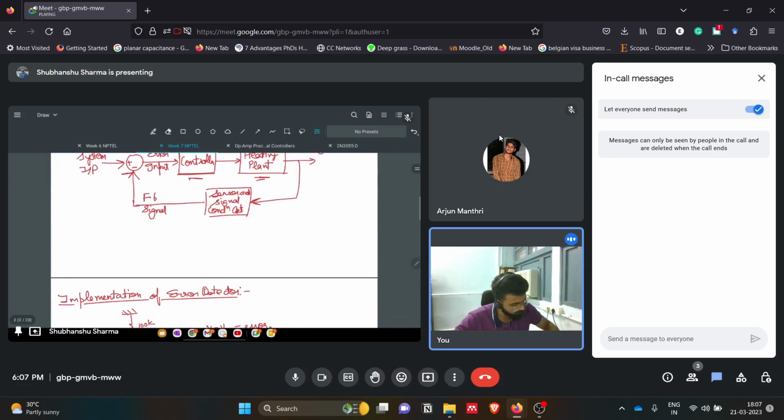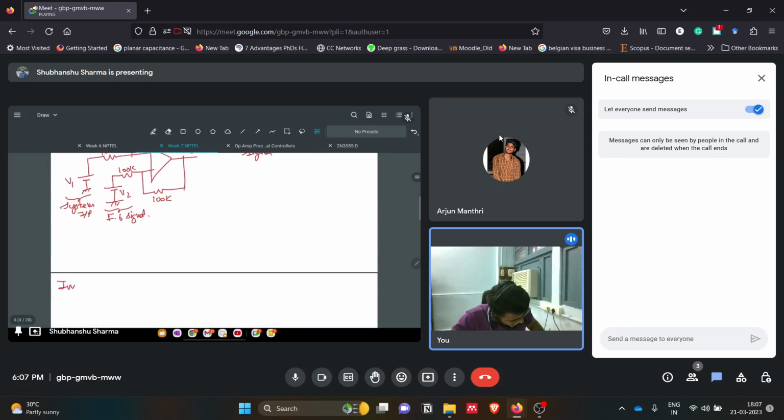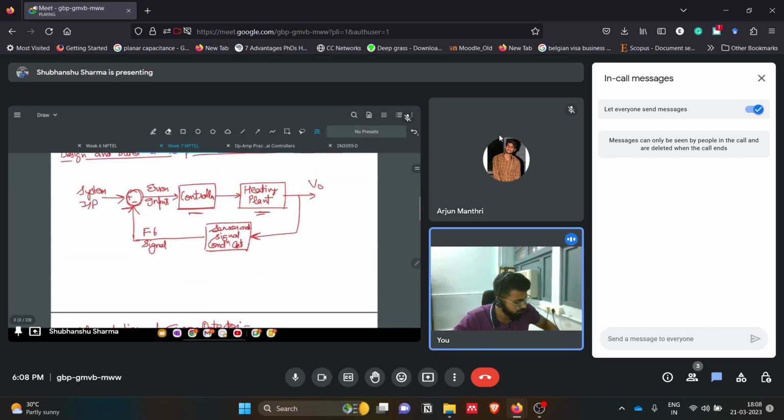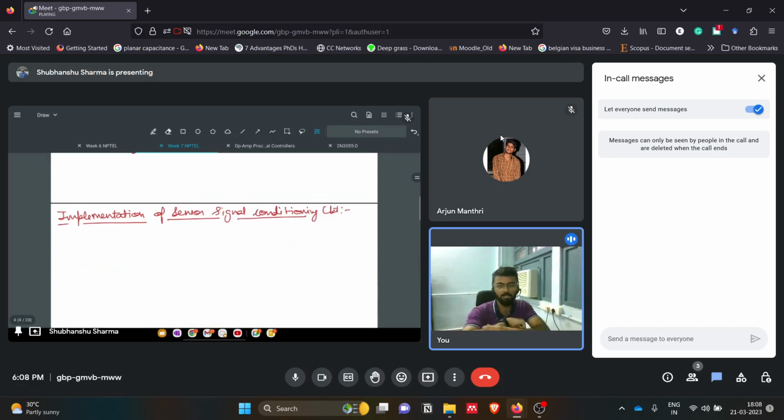Now we also saw the sensor signal conditioning circuit. We were able to realize this. Implementation of the sensor signal conditioning circuit: as we know, we are feeding back the output signal of this heating plant to the controller. So for that we need a sensor which can detect whatever we are getting at the output.